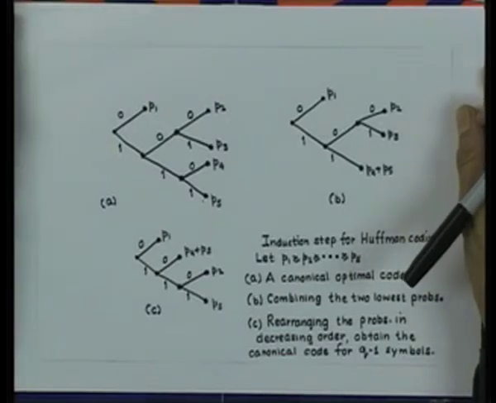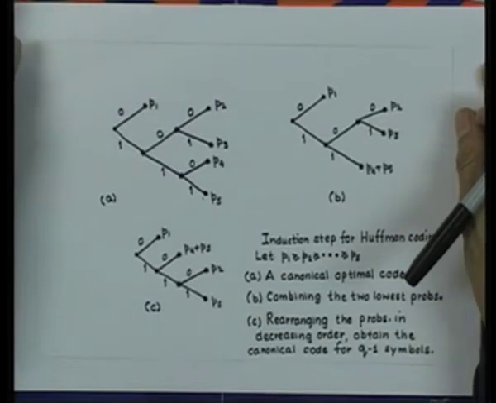Now, after proving the optimality of the Huffman code, the next question is: is it possible for us to calculate the bounds for this Huffman code? Now, it is a little difficult to get the exact bounds, but we can get some kind of an estimate for both the lower bound and the upper bound.